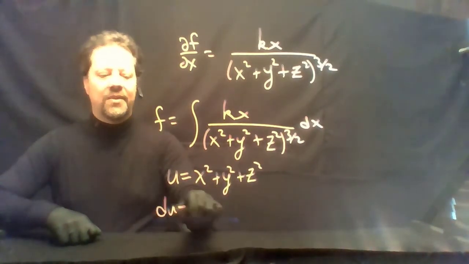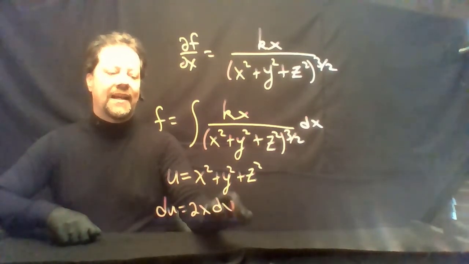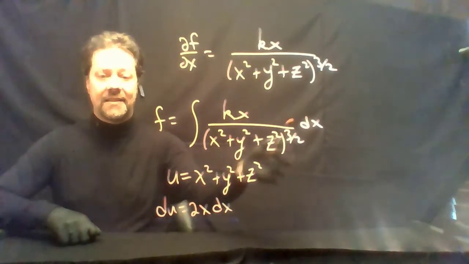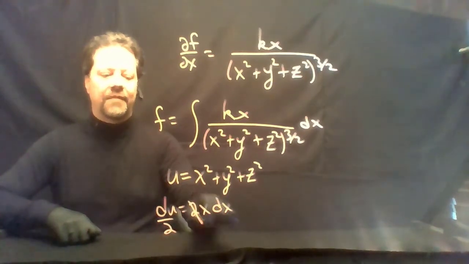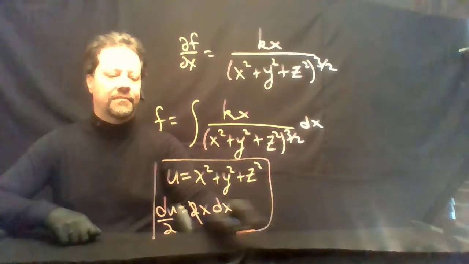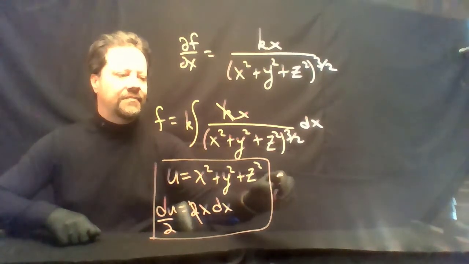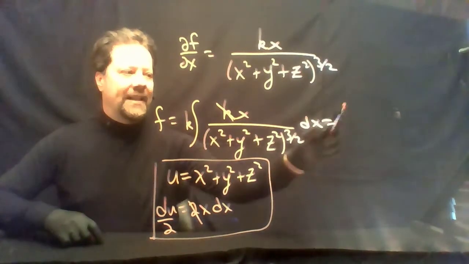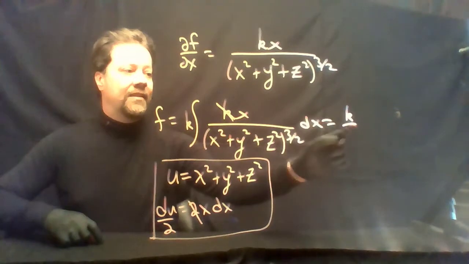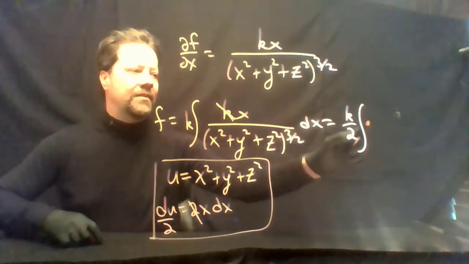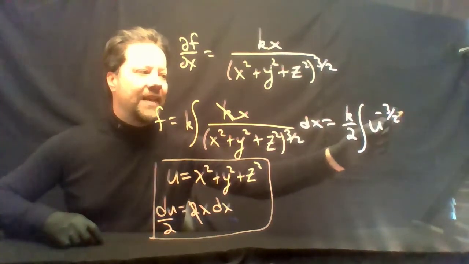Where du is 2x dx. We have the x, but not the 2, so we'll divide the 2 off. The k can be brought out of the integral. We get k divided by 2 times the integral of u to the minus 3/2 du.